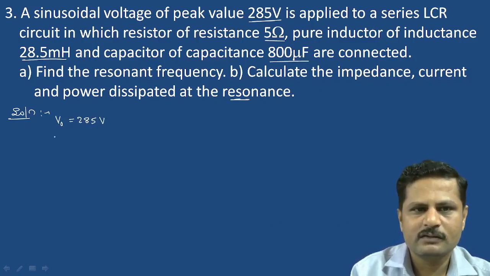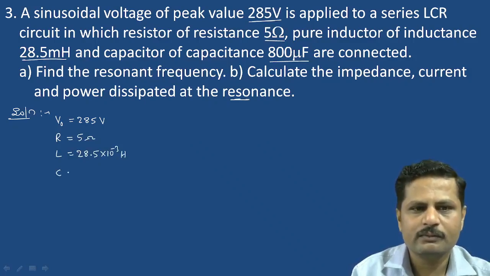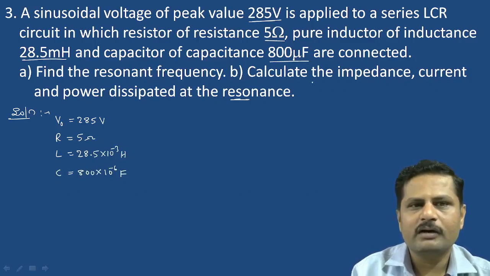Resistance R equals 5 ohm, inductance L equals 28.5 millihenry, where milli means 10 to the power minus 3 henry, and capacitance C equals 800 microfarad. Find the resonant frequency.